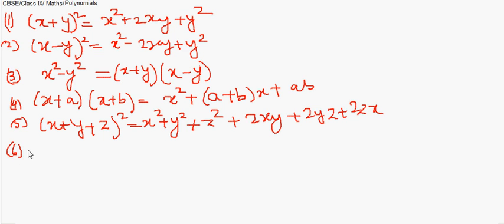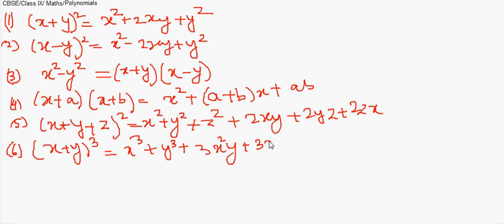Sixth one is (x plus y) whole cube. It's x cube plus y cube plus 3x square y plus 3xy square.